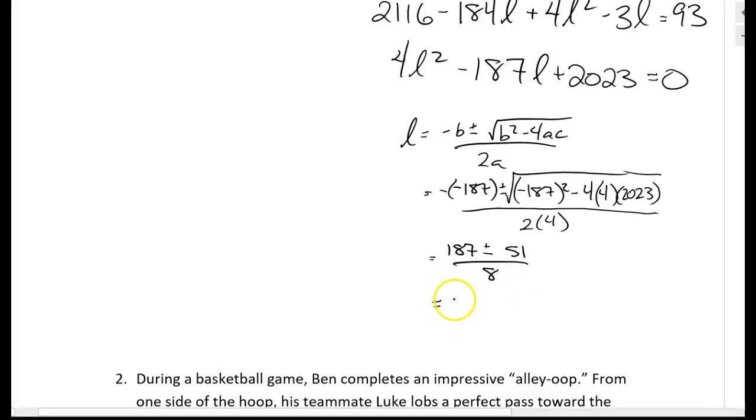I'm going to keep it in fraction form. 238 over 8. Or I could subtract, 187 minus 51 gives me 136 over 8. This one is nice. That gives me 17. This one I'm going to rewrite as a decimal.